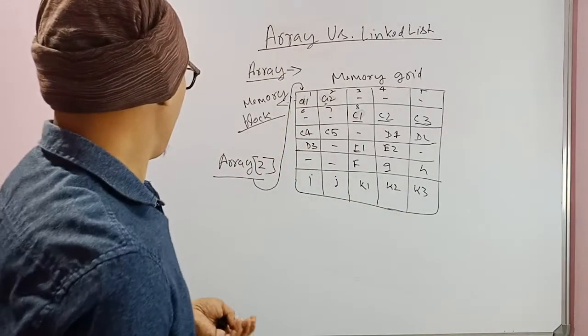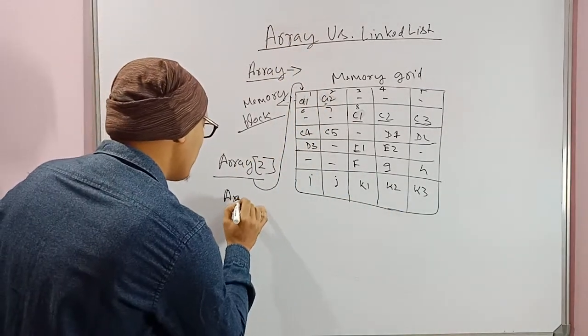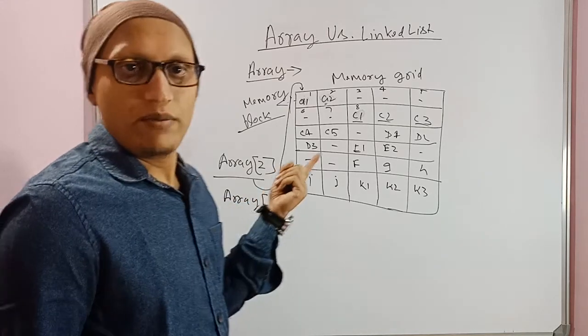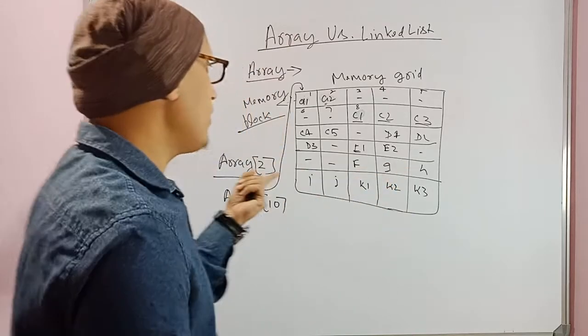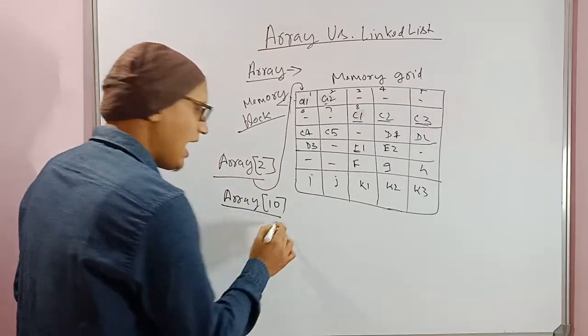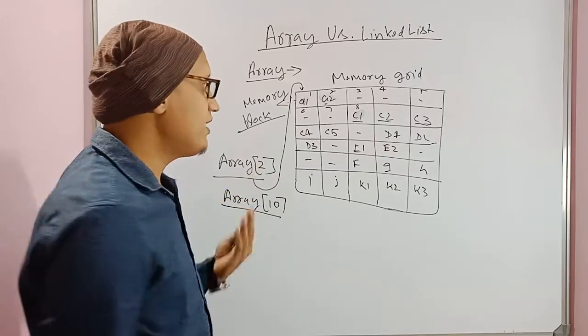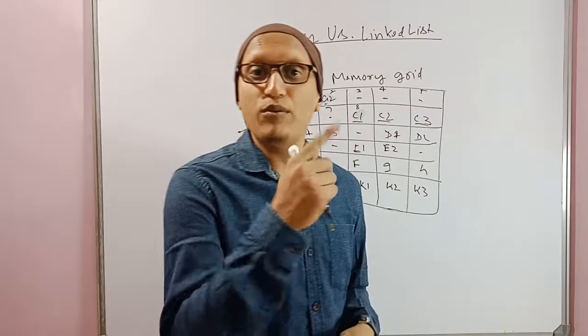What will happen if I try to allocate an array of size 10? Will it be allocated? No. Memory cannot be allocated because, as per definition and behavior, an array needs contiguous memory locations.